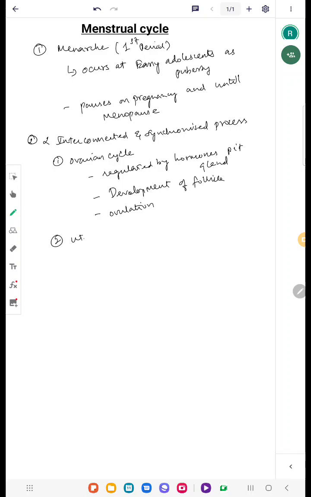And next comes the uterine cycle. These are the changes which happen in the uterus. Here the hormones are regulated from the ovary during the ovarian cycle.